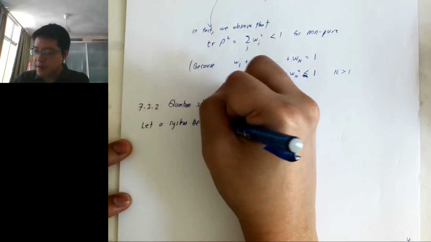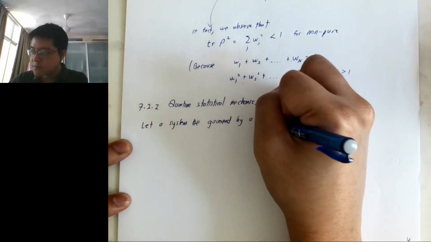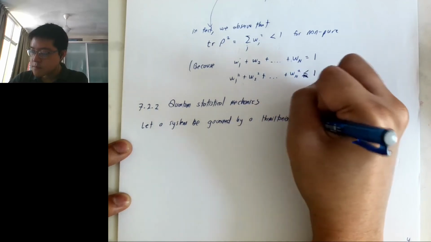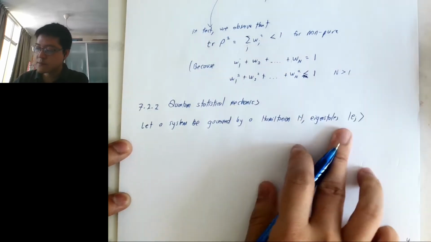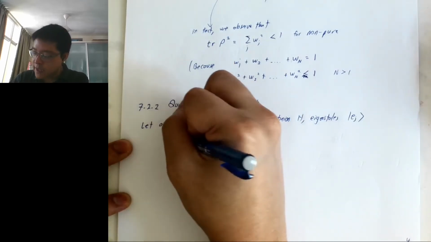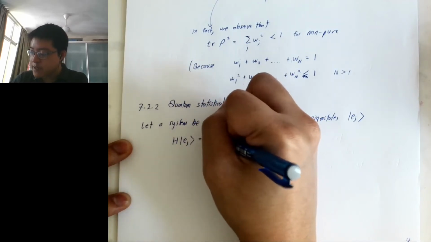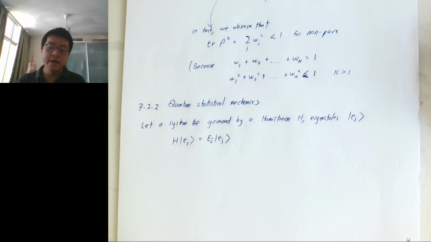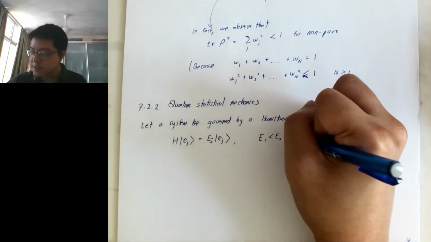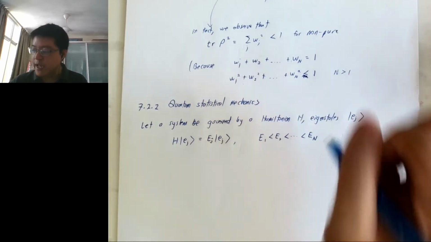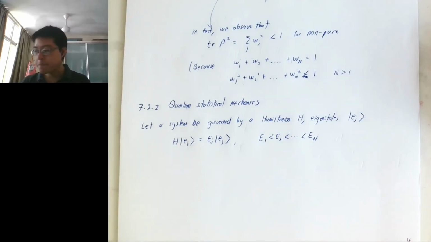So let the system be described by a Hamiltonian H, and the eigenstates Ej. That means if I multiply the Hamiltonian into an eigenstate, it will just give me back a number which is the eigenvalue corresponding to the energy level, right? And let me just assume, to make it easy to imagine, I have n energy levels in the system. n could be finite or infinite, right?